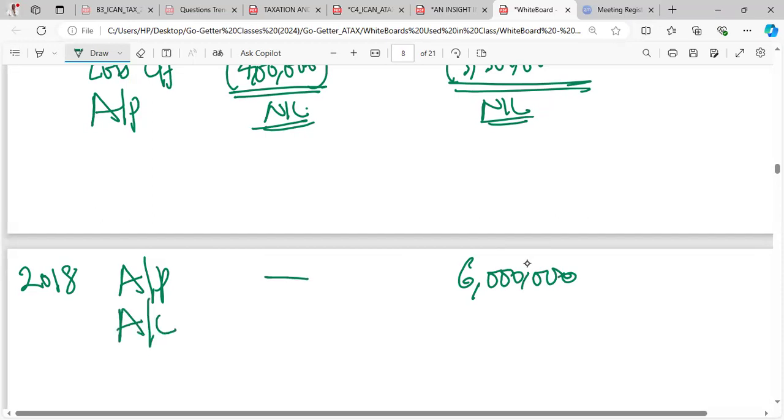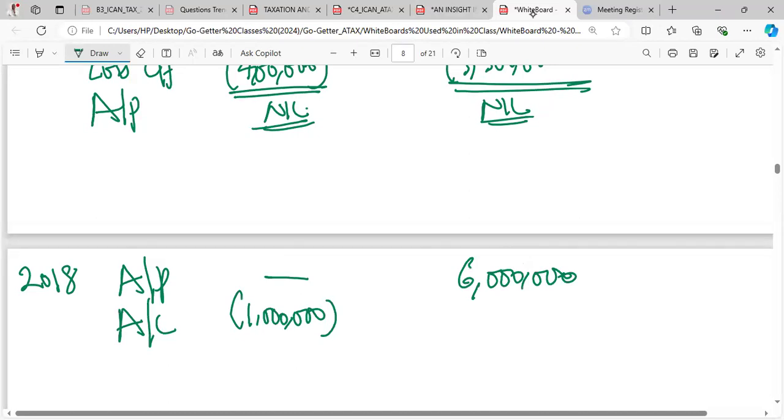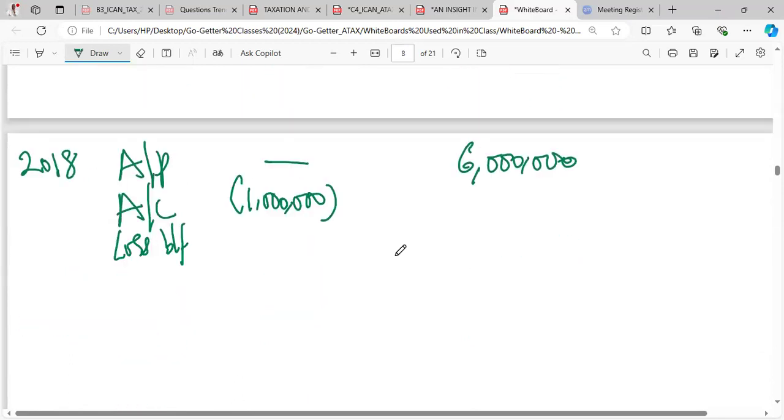Accessible loss for rice happens to be 1 million. That's for 2018. So we have our loss brought forward, 400 and 3,300,000. So we have 400 here, 3,300,000.